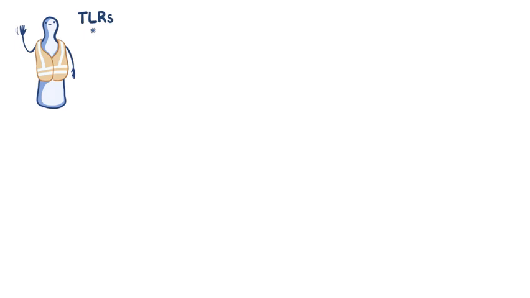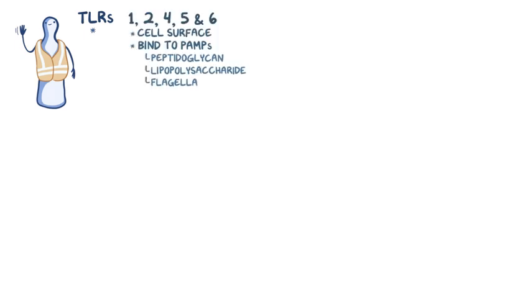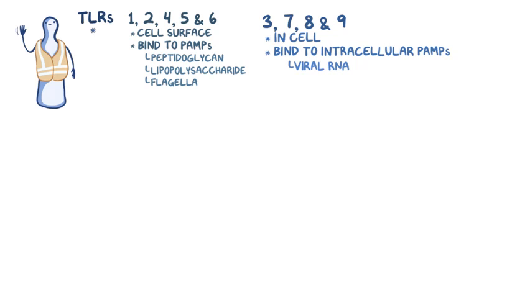All right. So TLRs. What are the ones that you have to be familiar with? 1, 2, 4, 5, 6. Yeah, there are lots of them. So these guys, 1, 2, 4, 5, 6, you're going to find them on the cell surface. And they are going to be very good at binding to PAMPs. What kind of PAMPs?